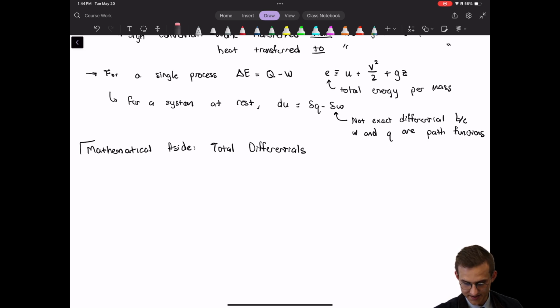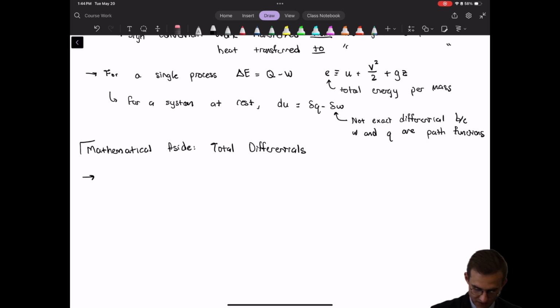Because of that, many people have not seen total differentials before. And so I wanted to take a moment to describe what was going on here so that nobody gets confused when we look at some of these later investigations where we'll be using these total differentials.